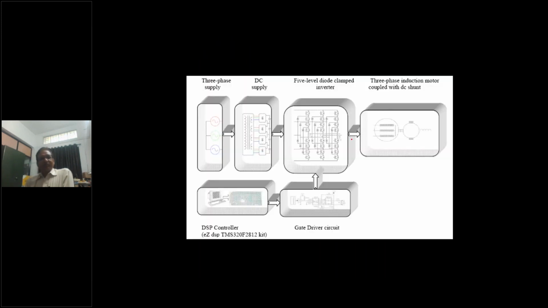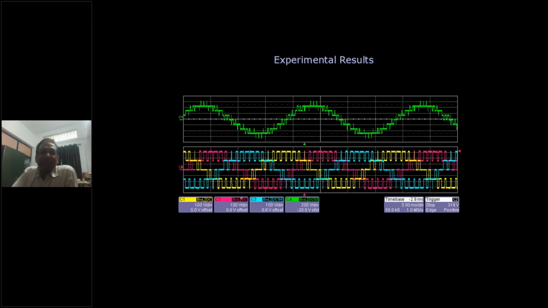In my research work, I developed a 5-level multi-level inverter to control a motor. The three-phase supply is converted from AC to DC, and this goes to the multi-level inverter. This is the gate driver circuit, and this is the microcontroller DSP. These are the experimental results.